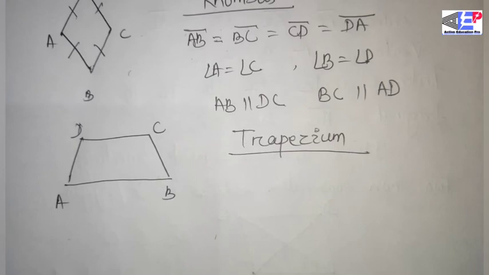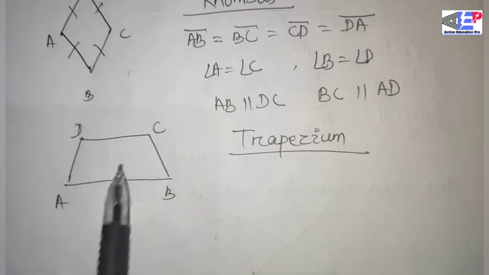We have already studied four types of quadrilateral: rectangle, square, parallelogram, and rhombus. In these four types of quadrilaterals, there are two pairs of opposite sides which are parallel.